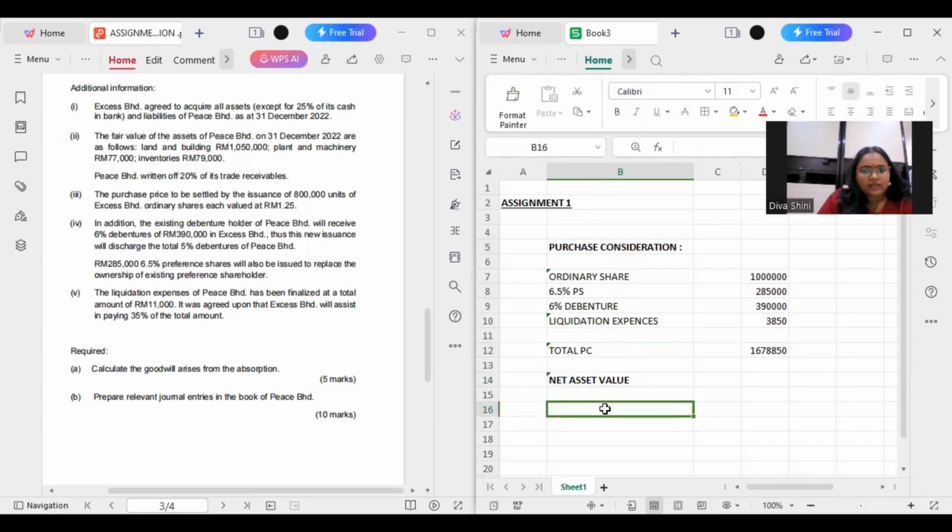For the net asset value, we should list down all the assets given in the question.